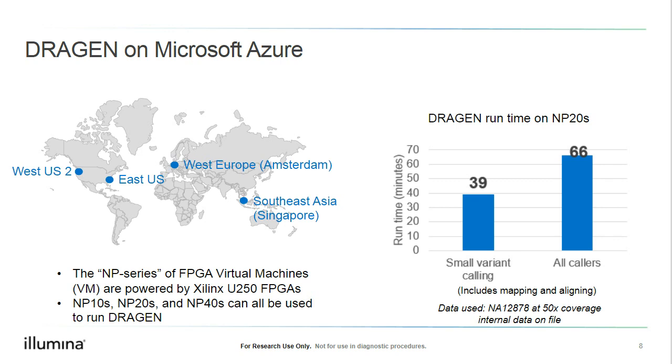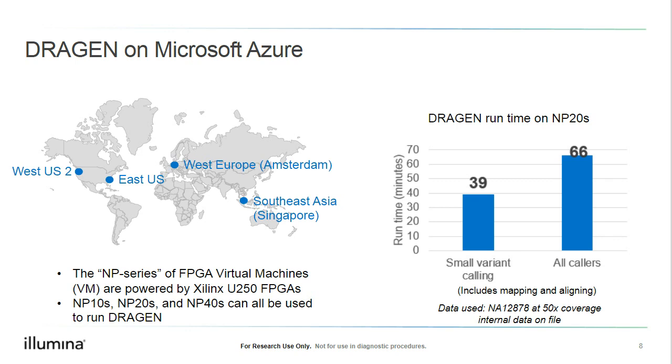There are multiple FPGA cards in the NP20 and NP40 instances, but today in DRAGEN, we just use 1 FPGA across all of these. But the benefits you can get out of the larger machines are faster speed, more storage, and more memory.